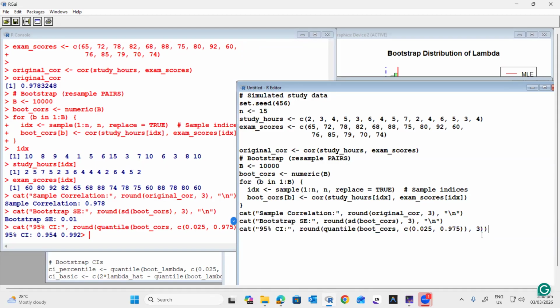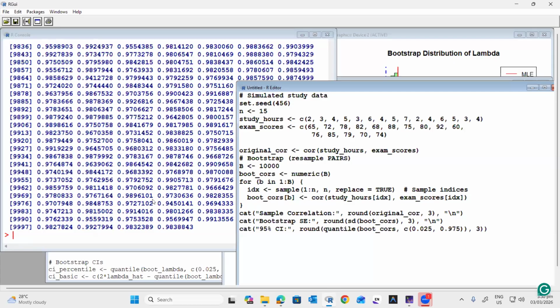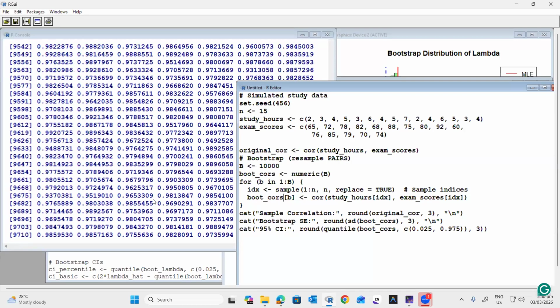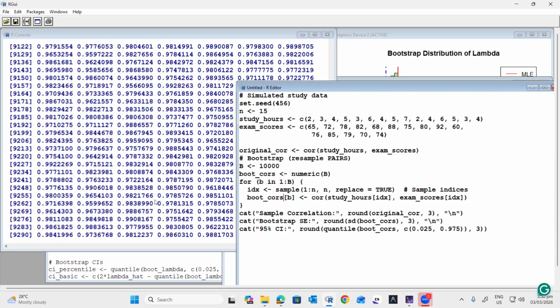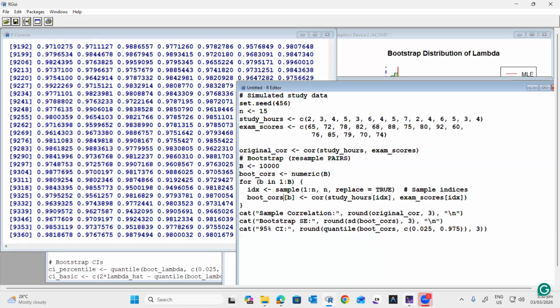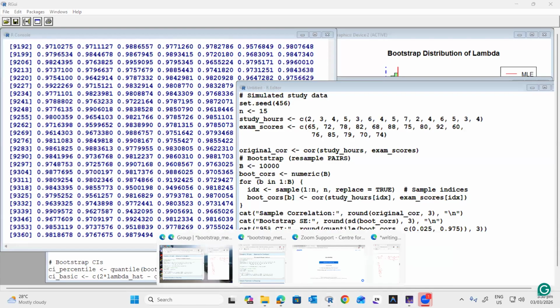It comes to 0.954 and 0.992. We also check the bootstrap correlations for all the values. These are our bootstrap correlations. So that is how you can compute your bootstrap standard error and bootstrap confidence interval.